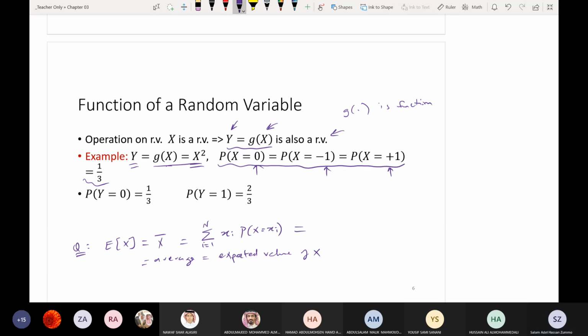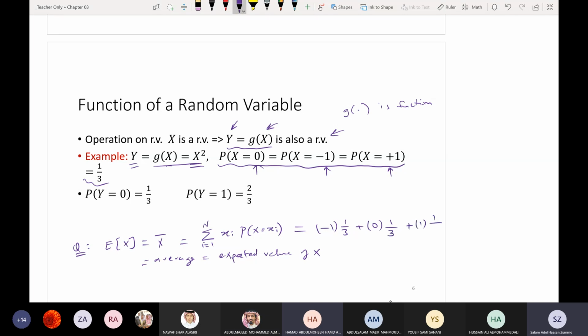How many values does this x take? -1, 0, and 1. So 3 values, right? So it's -1. What is the probability of -1? 1/3. Plus 0. What is the probability of 0? 1 over 3. Excellent. Plus 1, the last value.